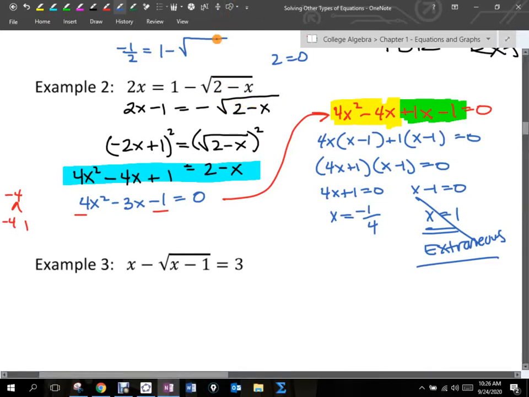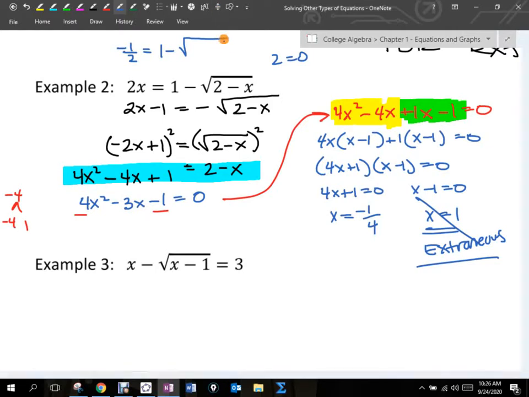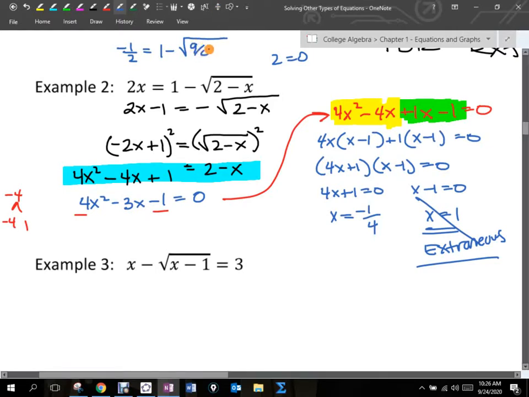Well, that's 2 plus 1/4, right? Okay, is that 9/4? That make sense? Okay, is that 3/2? Radical 9/4 is 3/2. 1 minus 3/2 is negative 1/2. So that checks out. That is a solution.